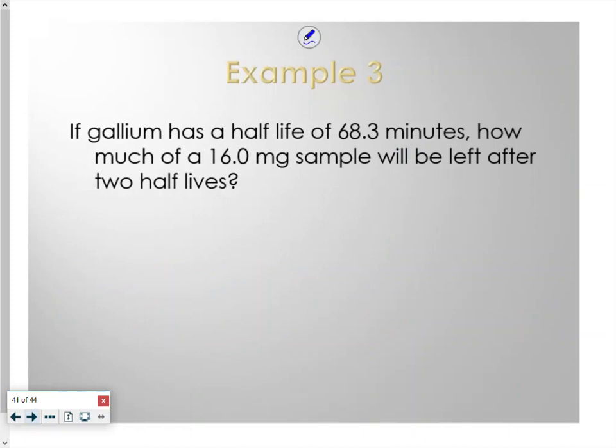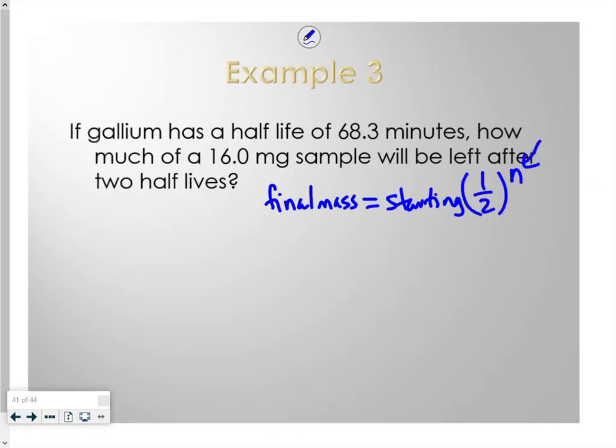Remember, it's the final mass equals the starting mass times 1/2 raised to the nth power. If we know n, which we do, we can easily use that formula. So we could put in here the 16 milligrams, multiply it by 1/2 raised to the 2nd power.